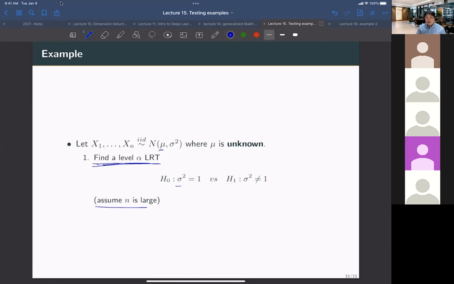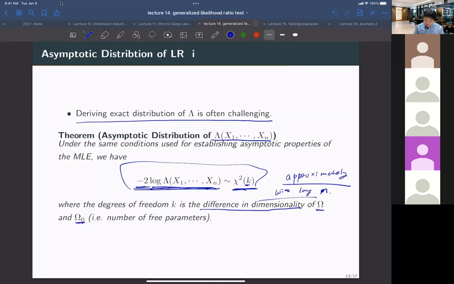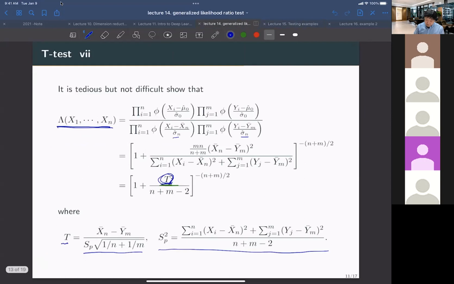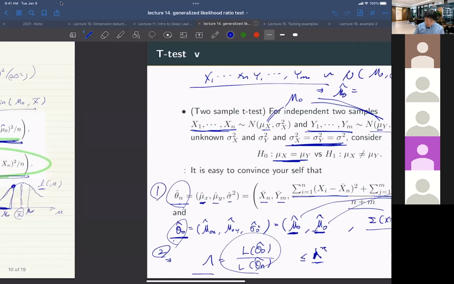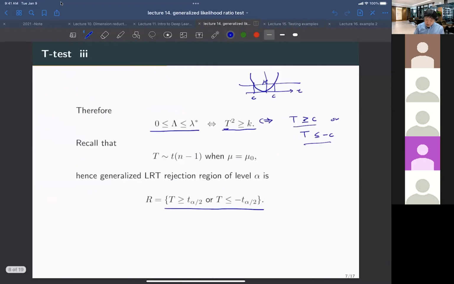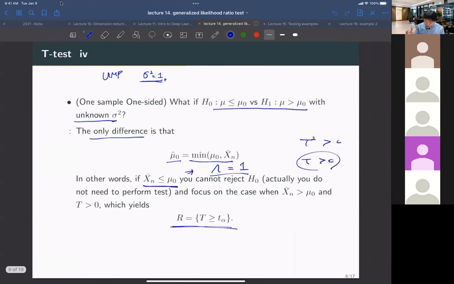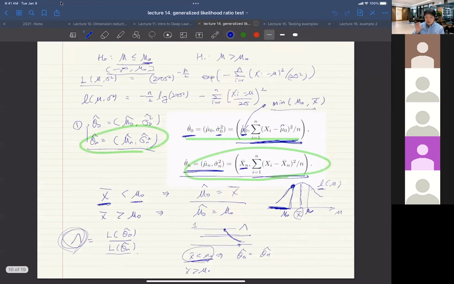So n is large, what can we get? When n is large, we can use the CLT, and furthermore, not even just CLT, we can use the asymptotic distribution of the log likelihood here. So this is the LRT. Calculate the log likelihood and put in the MLE.